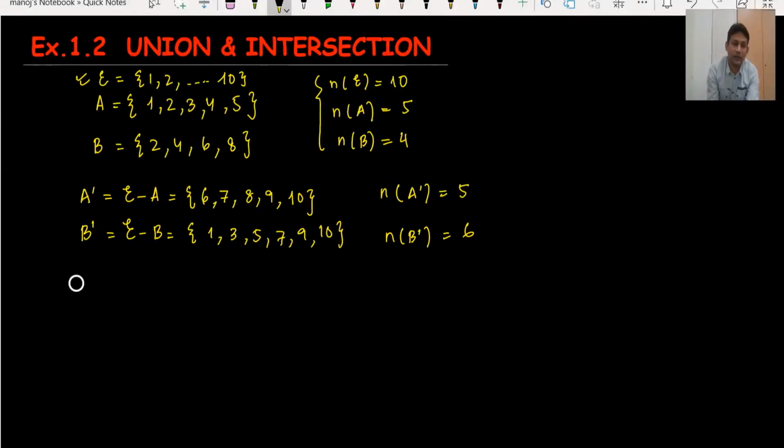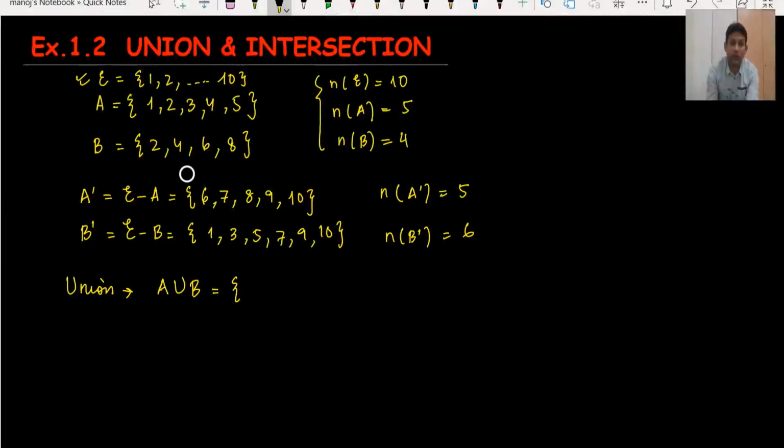One more thing, what is union actually? When you want to find A union B, you have to write all the elements of A and B together and do not repeat.